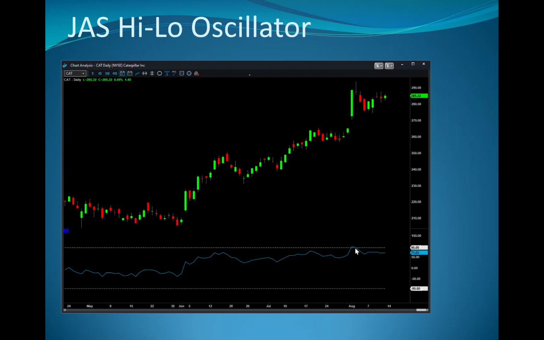So I try not to buy stocks when they're above positive 95 or short them when they're below minus 95, because you're starting to get to reversion to the mean territory. And you could see it went higher the next day, reversed, and it doesn't have to fall from the high jump to repair the extension. It just needs to go sideways.